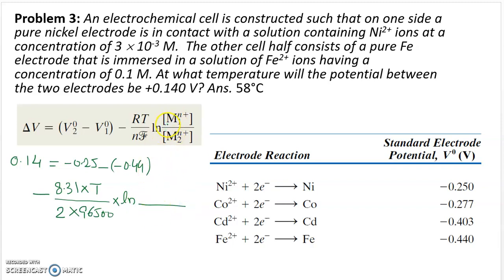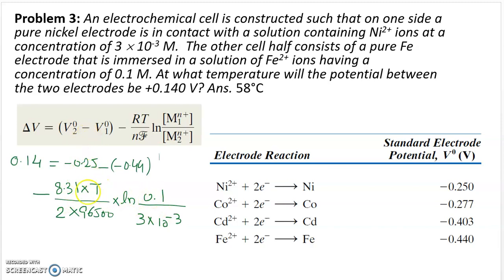M1 is the molar concentration of the anode. The anode is iron, so the molar concentration of iron is 0.1 M. And M2 is the molar concentration of the cathode, which is nickel, 3 times 10 to the power minus 3.